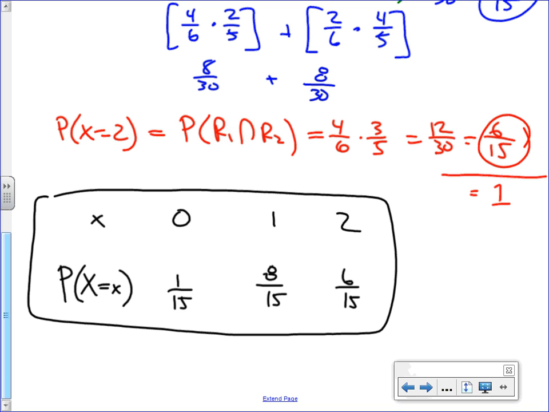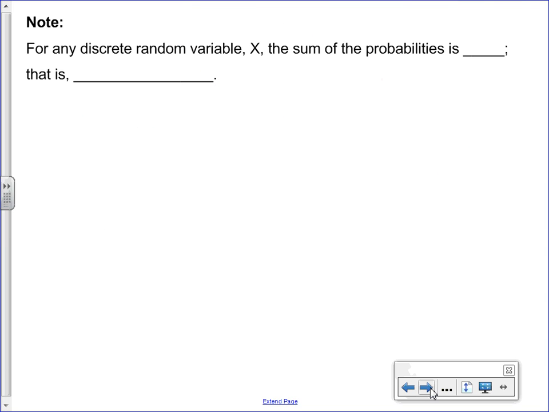And just to reiterate, that box at the bottom, the sum of the probabilities is 1. In other words, another way to write it, the sum of P of X equals x is 1.